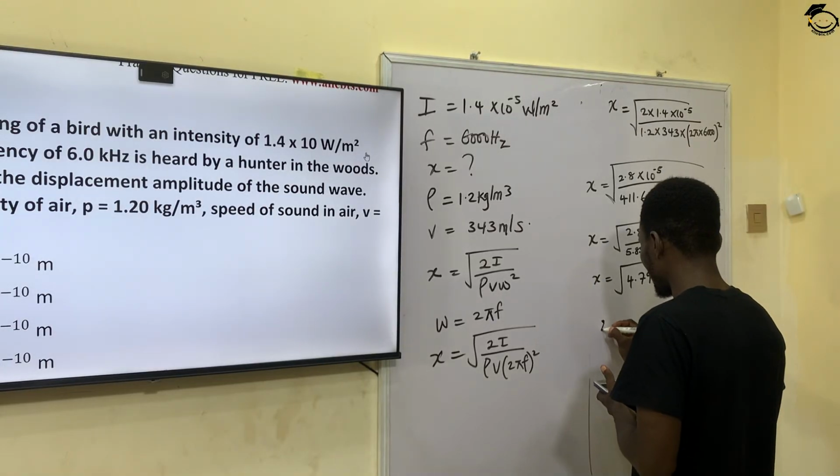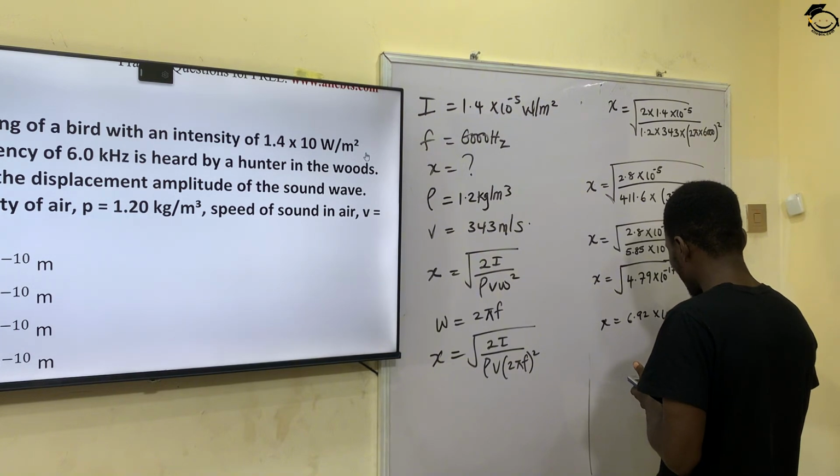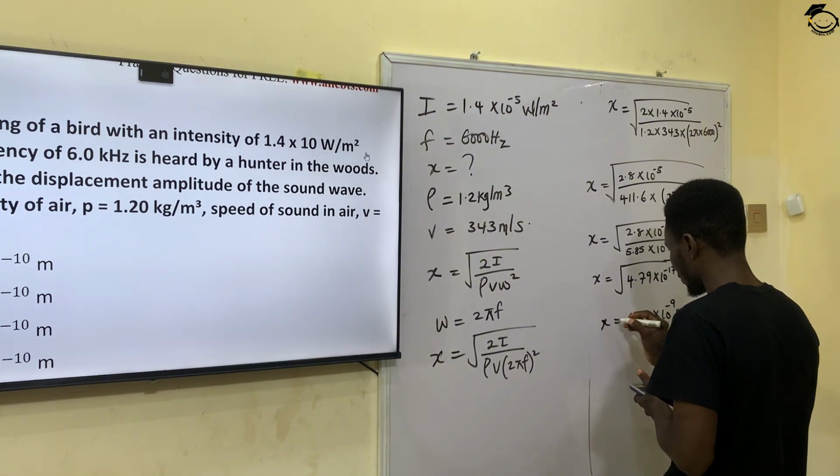At the end of the day, it means my x will be equal to 6.92 times 10 raised to the power minus 9 meters.